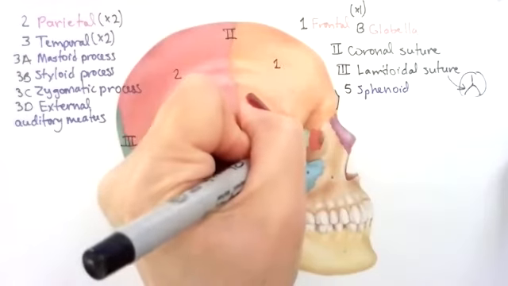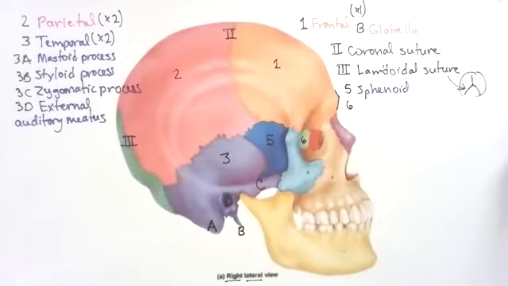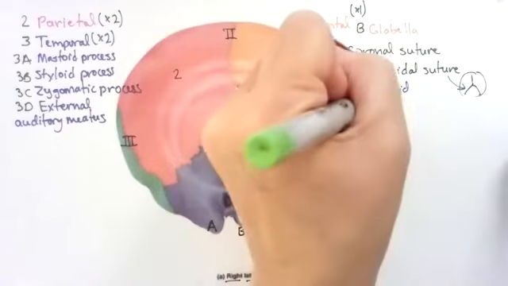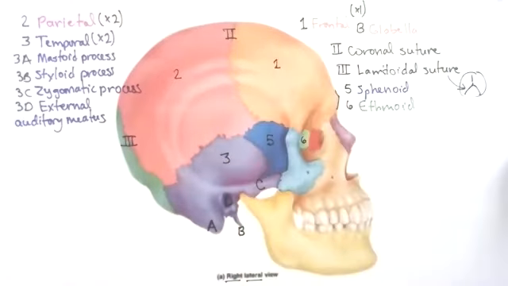It peeks out here, number 6. So we can't really see the sphenoid, and we can't see number 6, which is called the ethmoid, until we look at sectioned pictures of the skull. So we have to cut the skull to really see the sphenoid and the ethmoid.